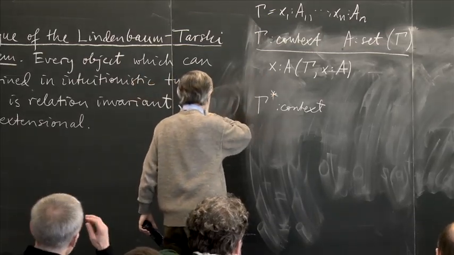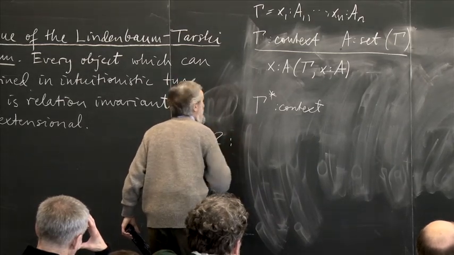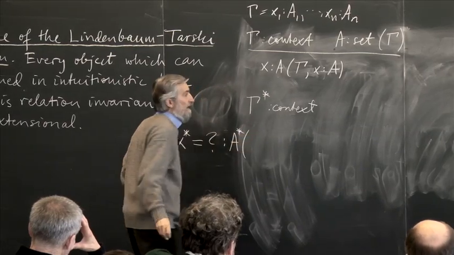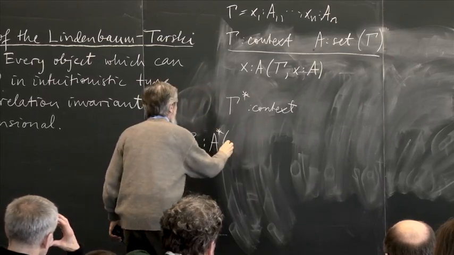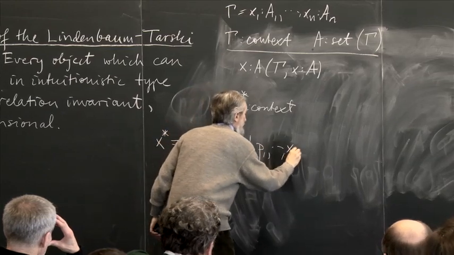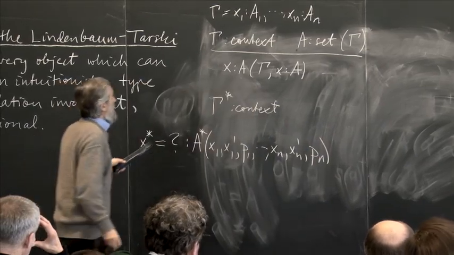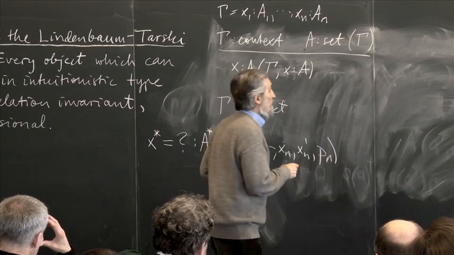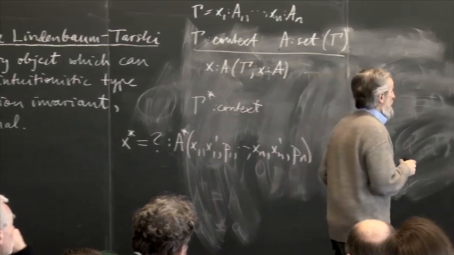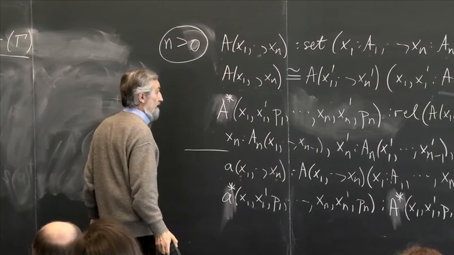Well, x star should prove under all circumstances that A star, which depends on all these variables, x1, x1 prime, p1, etc., xn prime, pn, that relation holds between x and x prime.